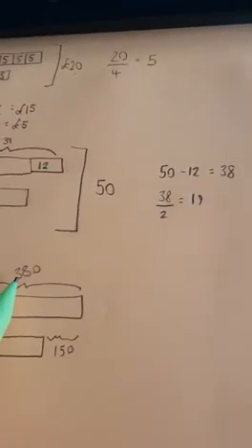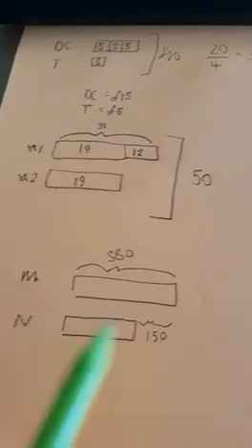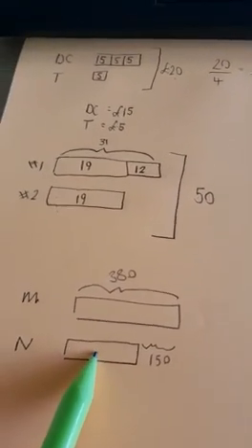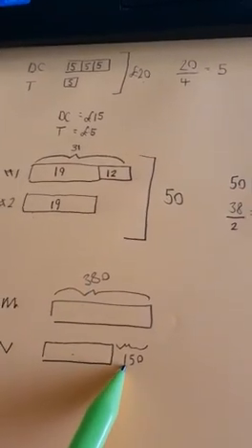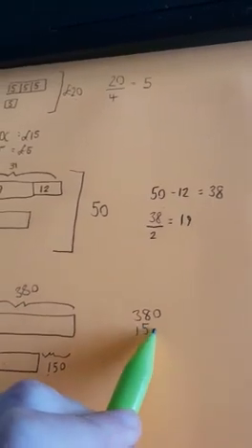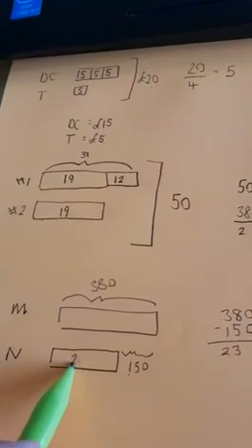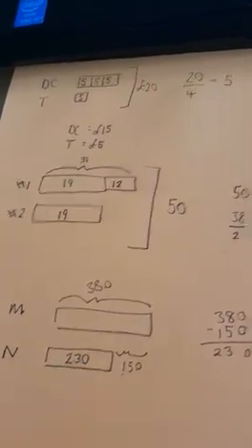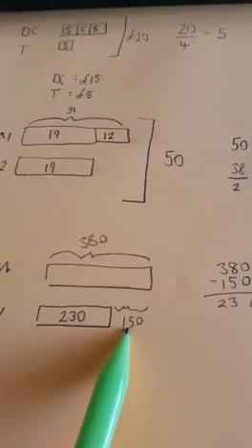So if we do the maths, 380 take away 150 should leave us with this part here. 380 take away 150 leaves us with 230. So Nathan has 230.